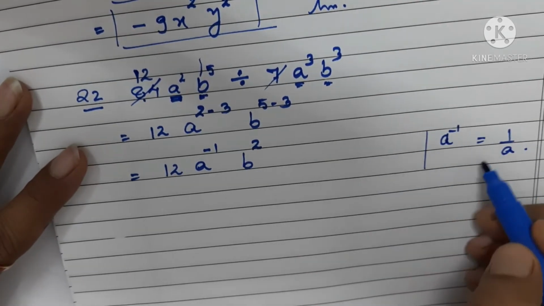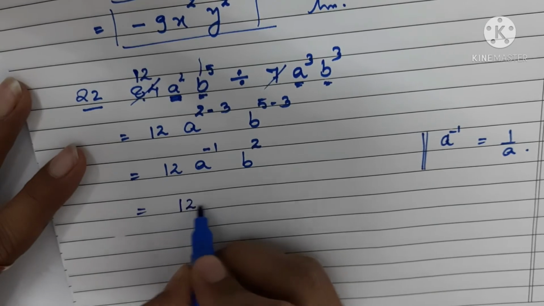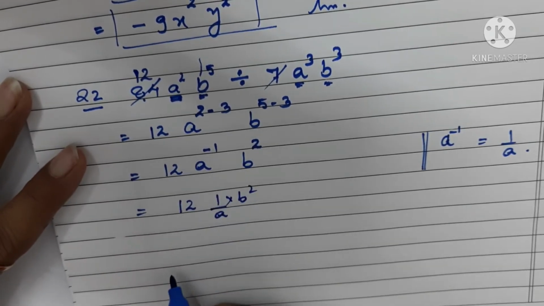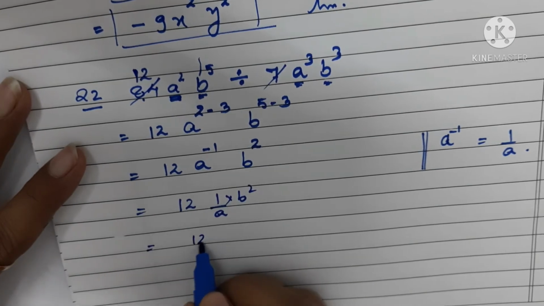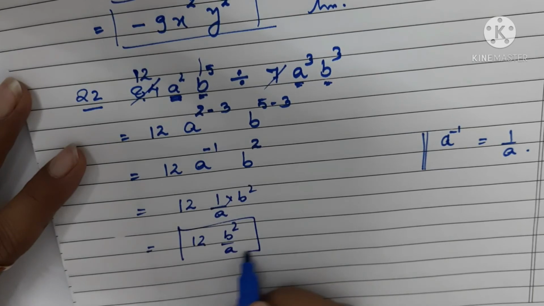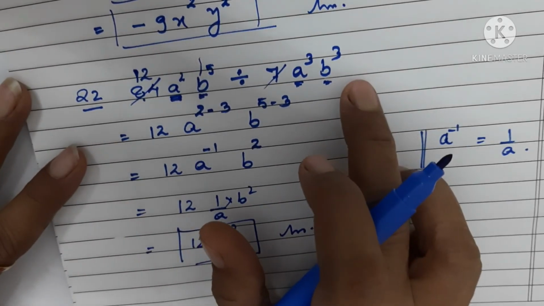So similarly we are going to use it here. It is going to be 12 times 1 upon a, b square, or you can further write it in a finished way, 12 b square upon a. This will be your answer to the second question.